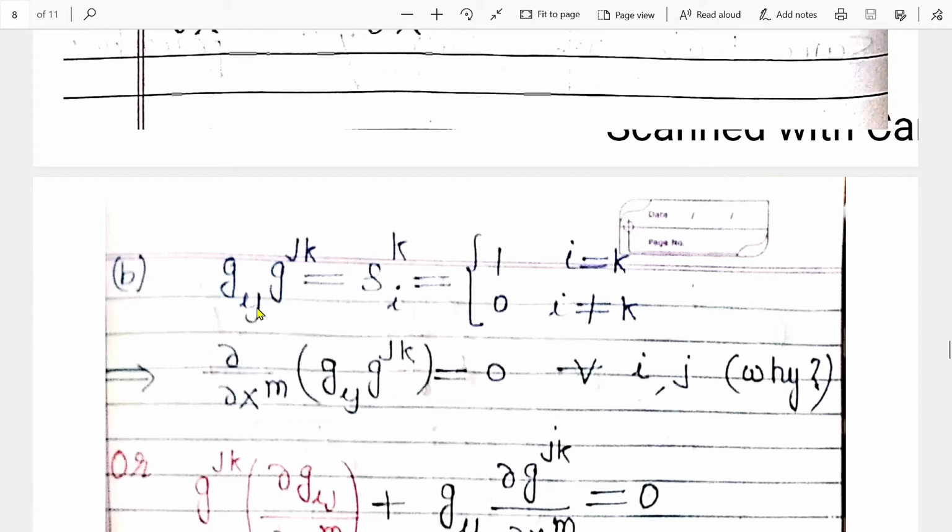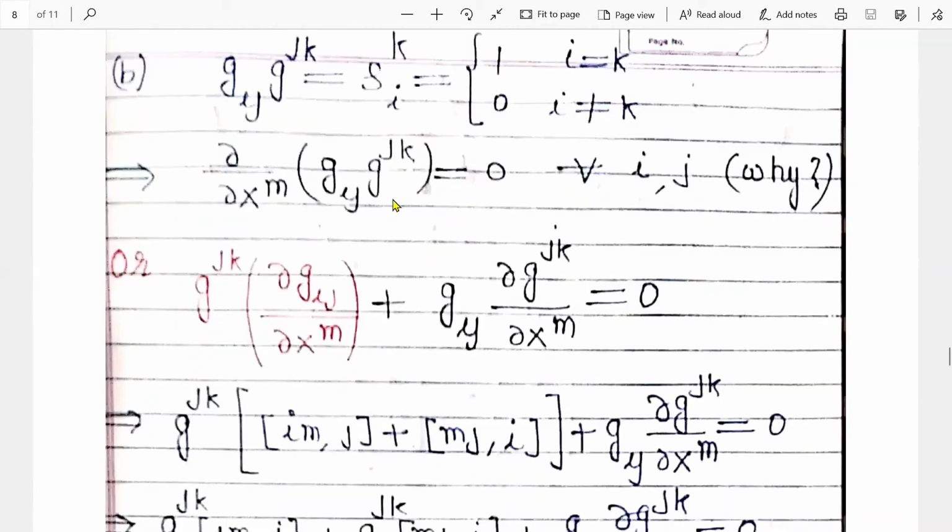So g_ij g^jk, this J is the same. This is Kronecker delta. Because its value is 1 or 0, its derivative is 0. So simply we differentiate with respect to xm. So this is 0. Right?